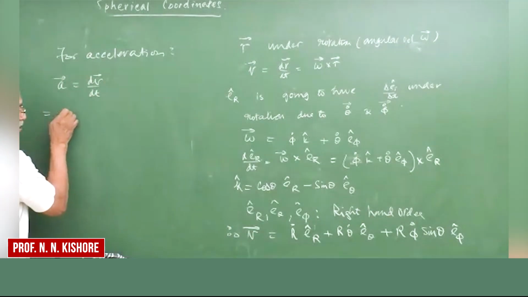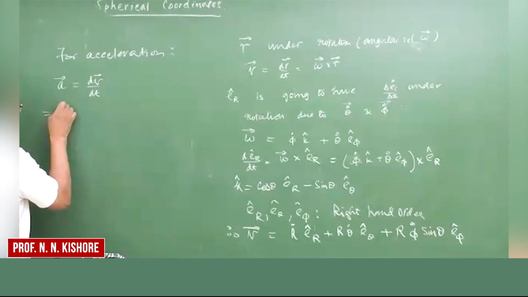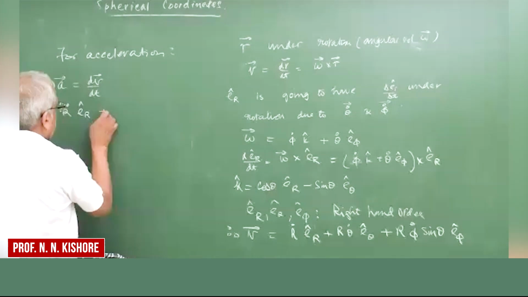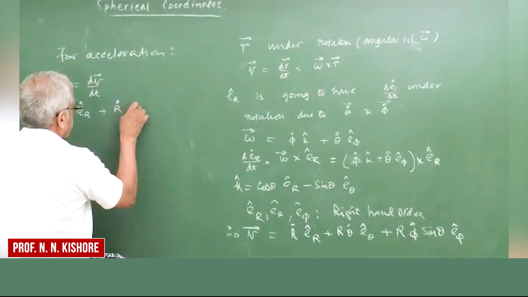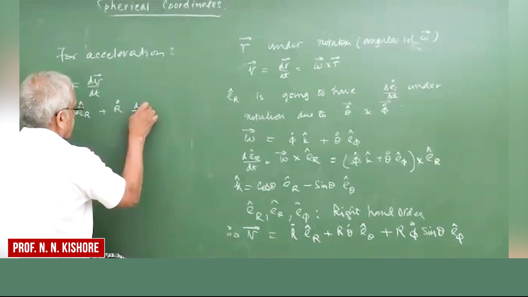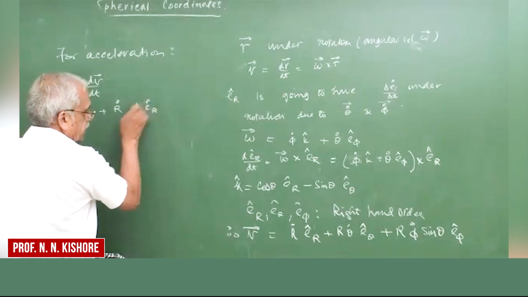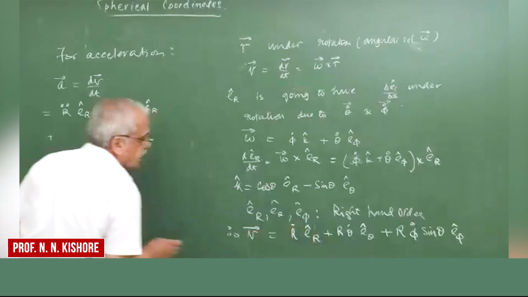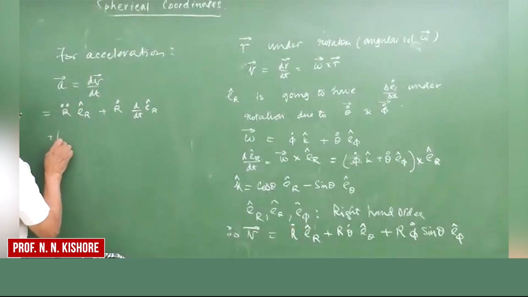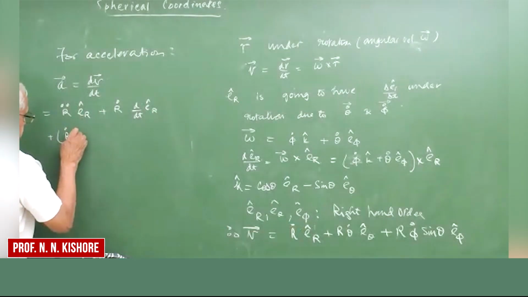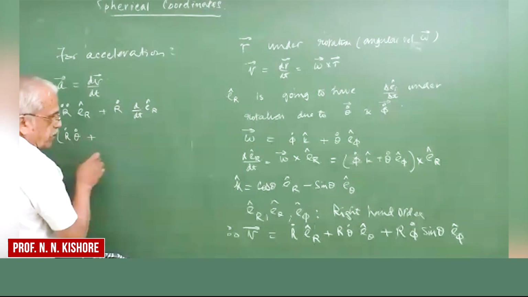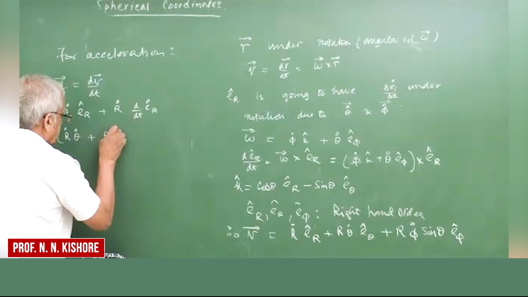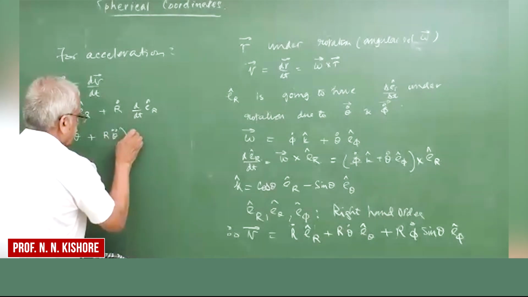So that will become r double dot e_r, right? And r dot d/dt of e_r, right? And then this r theta dot e_theta, we can write r dot theta dot plus r theta double dot e_theta.